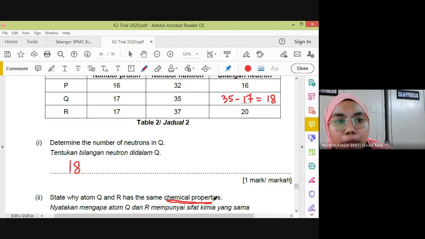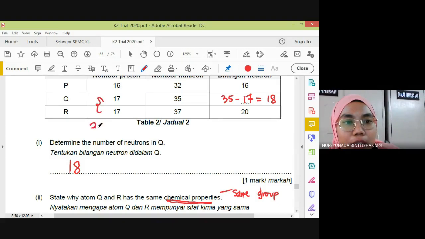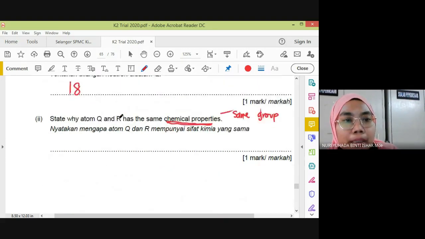Because both located at same group. So kalau same group maksudnya dia sama apa? Okay, tengok sini. Electron arrangement dia 2.8.7. Yang menyebabkan dia same group because these two have same number of valence electron. Itu jawapan yang paling tepat.